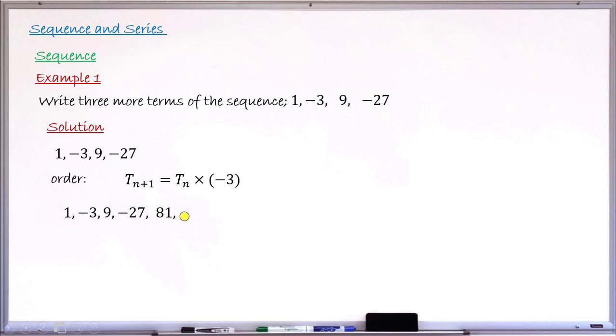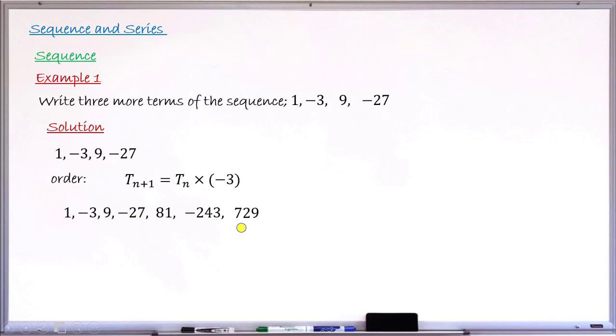For the next term, I multiply 81 by minus 3. That gives me minus 243. And for the next term after this, I take minus 243 multiplied by minus 3. That will give me positive 729. So these are the 3 more terms after minus 27.